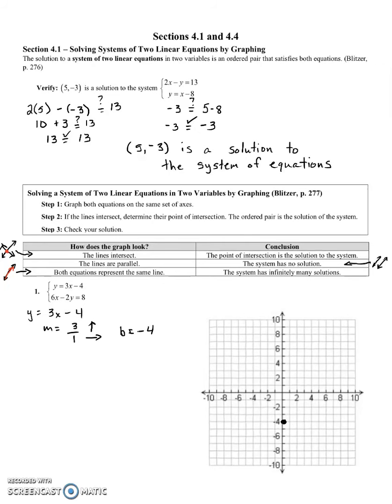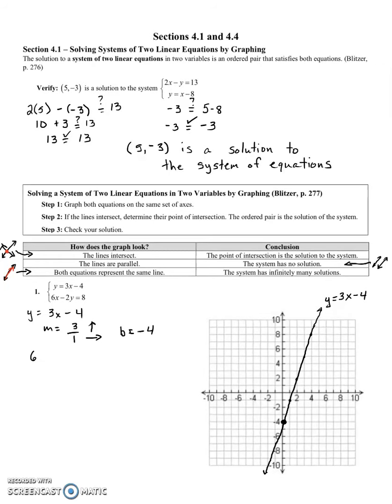And then from there, we go up 3 and to the right 1, and up 3, right 1. And we can do that as many times as we need to get our line. And of course, all we have to do is connect the dots. So there is our line, y equals 3x minus 4.